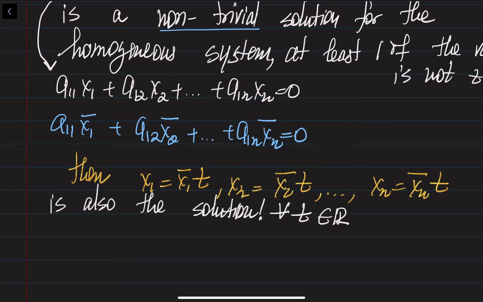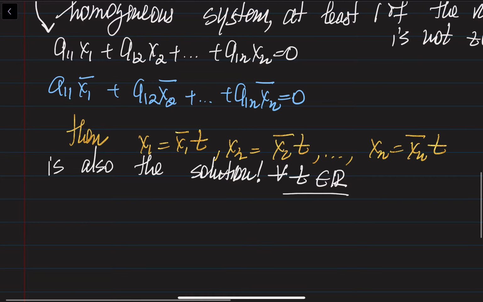So how many values of t can we assign, how many real numbers do we actually have? Infinitely many, right? So that is why we can create infinitely many solutions by just multiplying the solution vector by some t, some real number. And this is still going to be a solution.